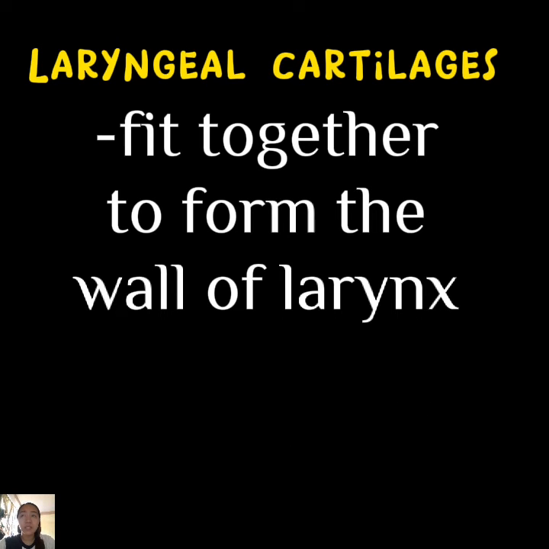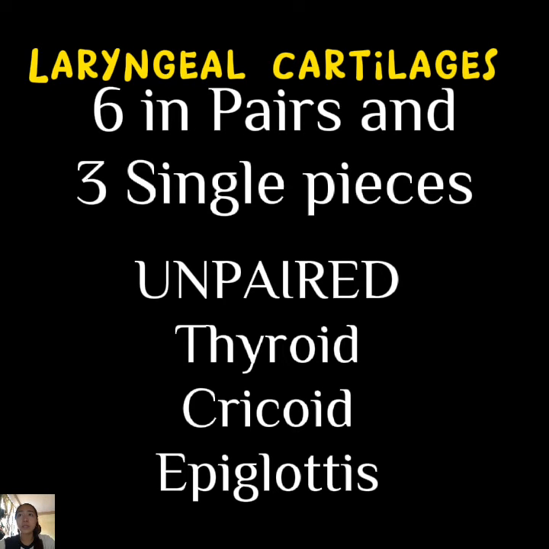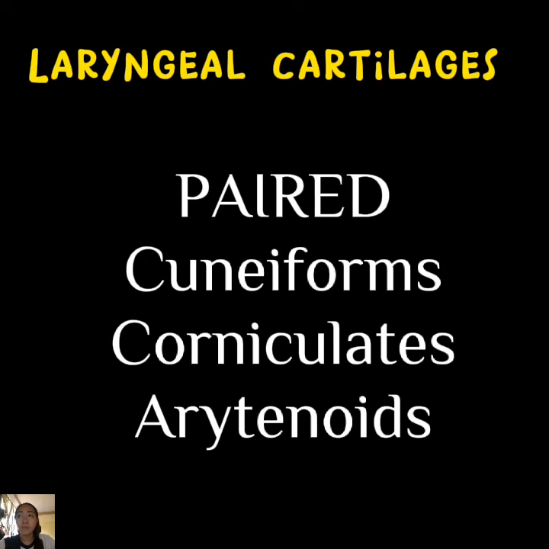We also have the laryngeal cartilages, which are nine pieces of cartilage, six in pairs and three single pieces, that fit together to form the wall of the larynx. We have the thyroid, the cricoid, and the epiglottis, which are the unpaired ones, and the cuneiforms, corniculates, and arytenoids, which are the paired ones.